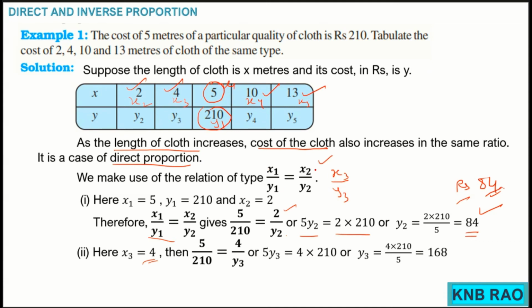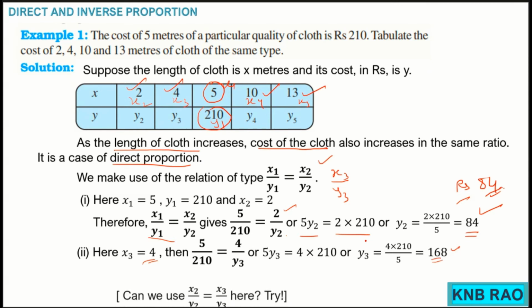So x1 by y1 equals x3 by y3 gives us 4 by y3. By cross multiplication, 5 into y3 equals 4 into 210, and sending this 5 multiplicand to the other side, on simplification it gives us 168 rupees.